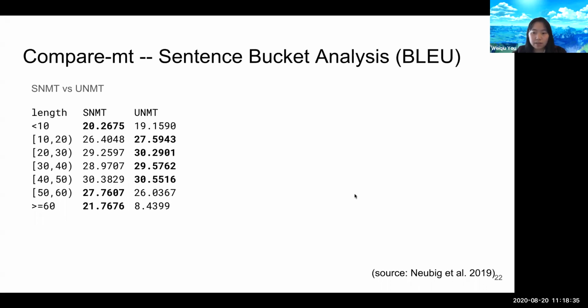In this sentence bucket analysis, we can also see that SNMT has higher BLEU for longer sentences and shorter sentences, while UMT has higher BLEU for the medium length sentences. So the sentence lengths that are most common. So this could also be how some sentences in UMT are compensating the others when evaluated in BLEU.